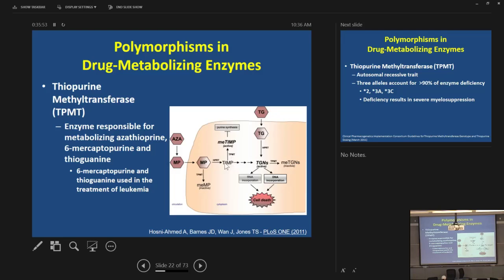It also will inactivate the monophosphate form into this inactive form. So along the way in this process, TPMT is pulling active nucleotides out into inactive nucleotides. Thioguanine just goes straight into these thioguanine nucleotides. Okay. All right.